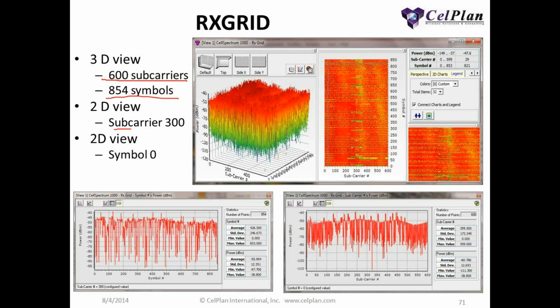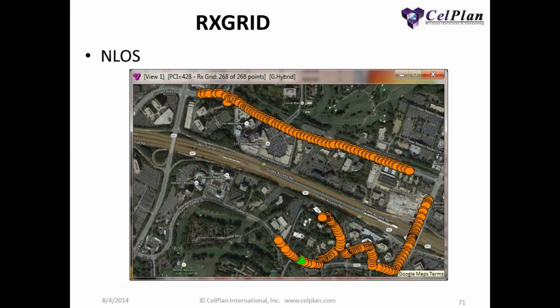What we read there is basically the noise floor. So the information is basically held in this area here, and the rest is a lot of resource elements that are not being carried. And that's the non-line of sight RX grid now.